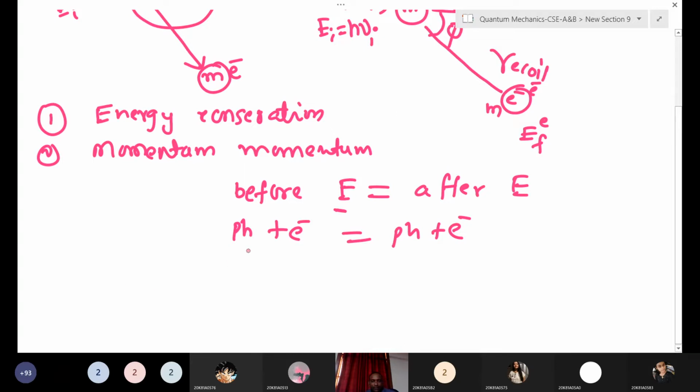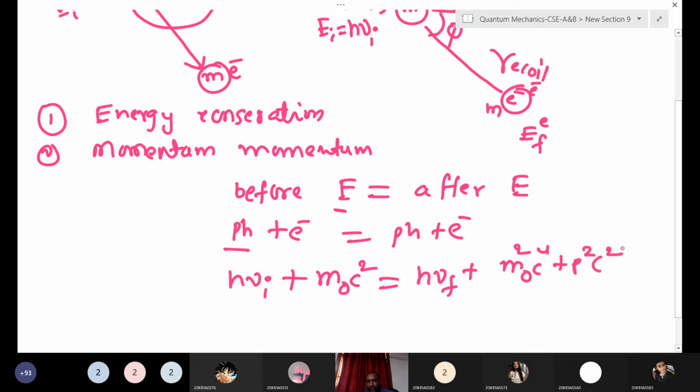The photon energy is h nu i, and the electron energy is the rest mass energy, E equals m naught c squared. After collision, the photon energy is h nu f, and the electron energy is the square root of m squared c to the power of 4 plus p squared c squared. This is after collision, and the other is before collision.